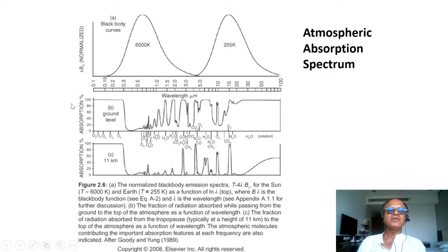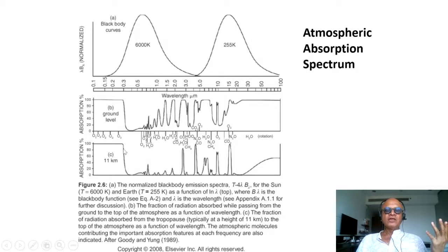So you look at the sun's radiation being emitted at 6,000 Kelvin at the outer surface, and Earth's emission at 255 Kelvin, which we just derived here. You can see you need to add absorptivity at the ground level and in the upper atmosphere by the various gases present in the atmosphere, and they have all these absorption bands, which is what gives us the greenhouse effect.